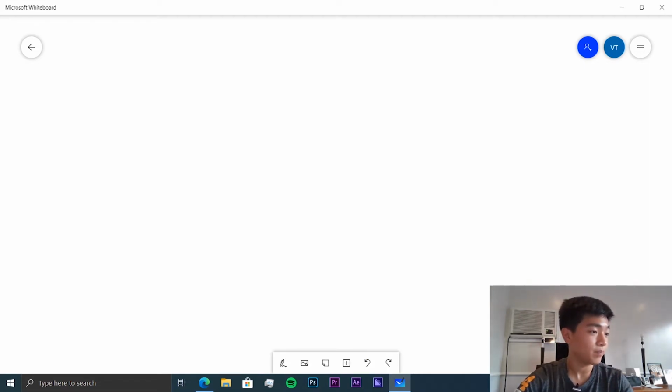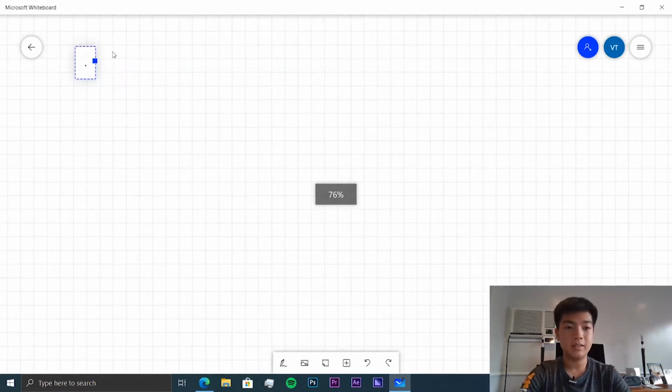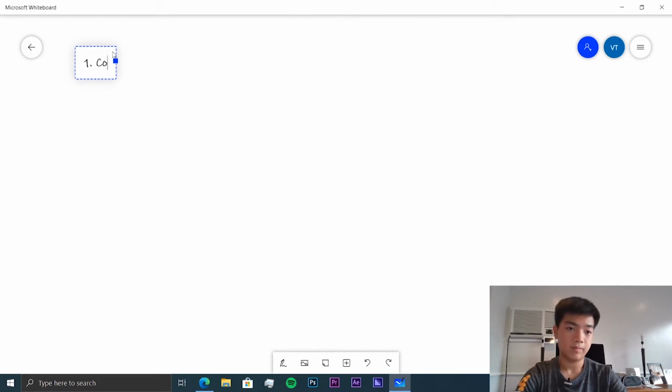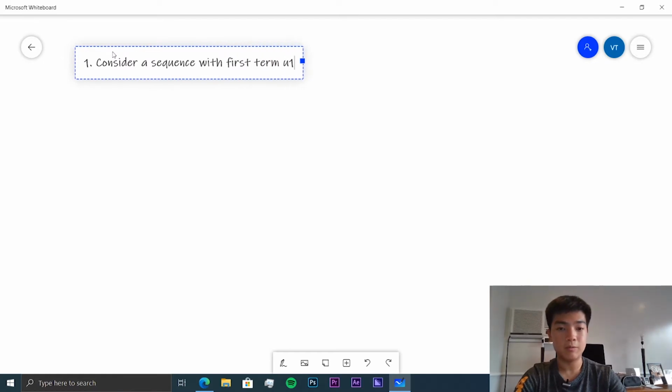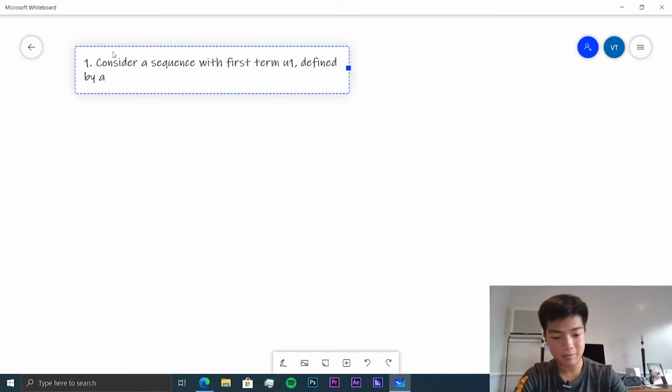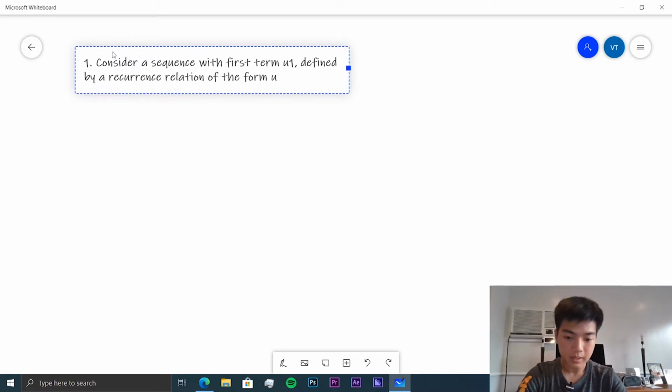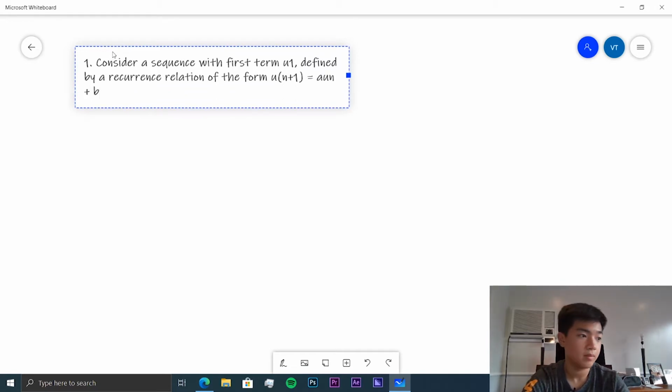So let's go. First, we have: consider a sequence with first term u1 defined by a recurrence relation of the form u n plus 1 is equal to a times un plus b, where a and b are constants.